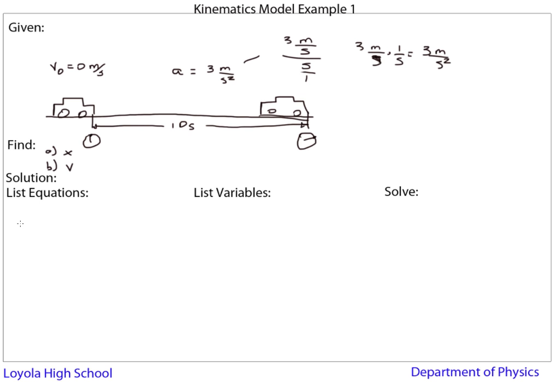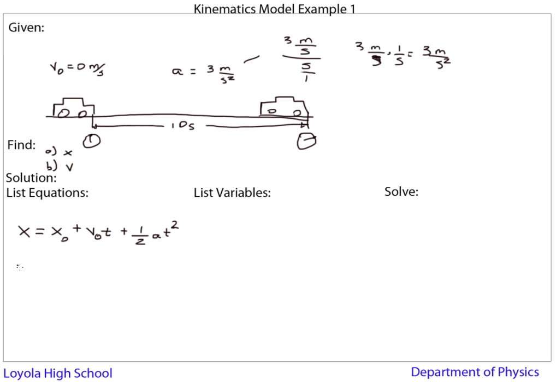You write the kinematic equations, which are x equals x0 plus v0t plus 1/2 a t squared. It's very common to miss that square.